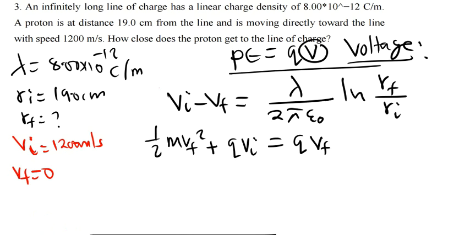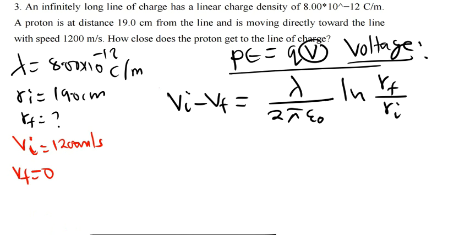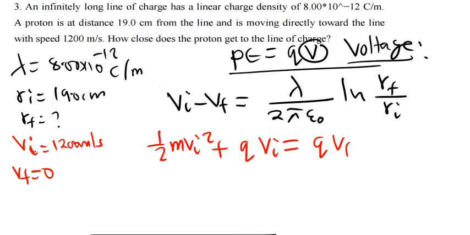So the formula is half m v initial squared plus the charge times voltage initial is equal to the charge times voltage final. I'll shift this to the right hand side, and I'll have half m v initial squared equal to this and that.